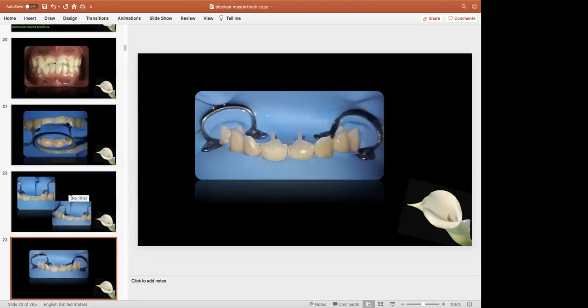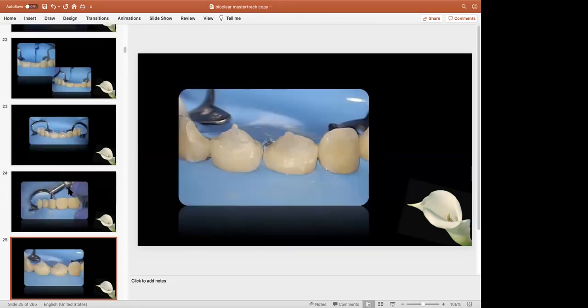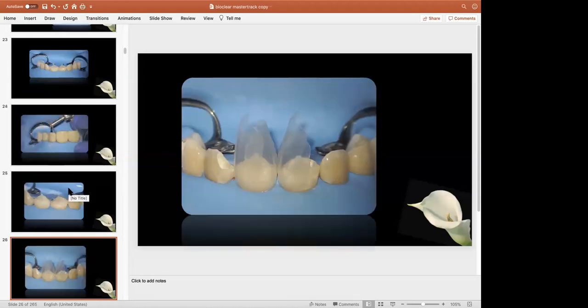So I put in a short post, which was absolutely conservative without drilling. And then we did the post. And then I used these matrices, which are called 360-degree veneer matrices. If you see, this was the tooth I was restoring here. And do you see that I have another matrix just next to it?